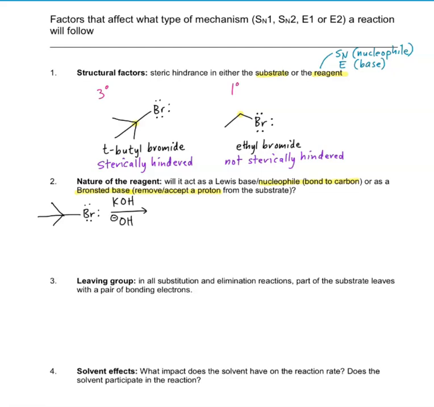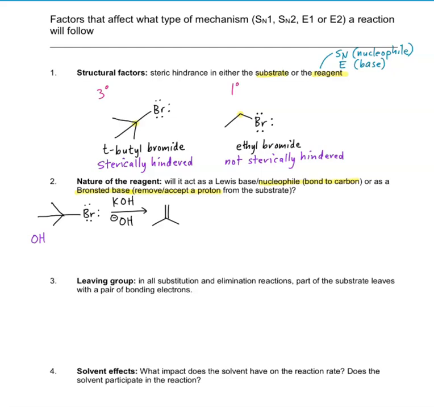That's the thing that's going to be doing whatever kind of reacting is going to happen here, not the potassium counterion. In this case, what's going to happen is that the hydroxide ion is going to act as a Bronsted base, removing a proton from a beta position and giving you an E2 pathway.